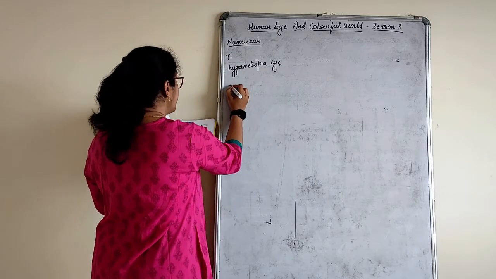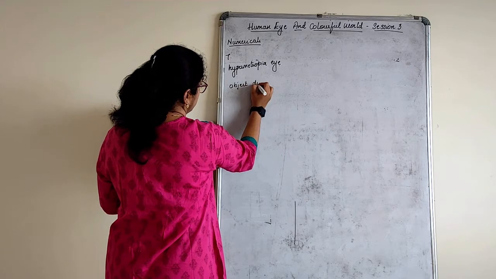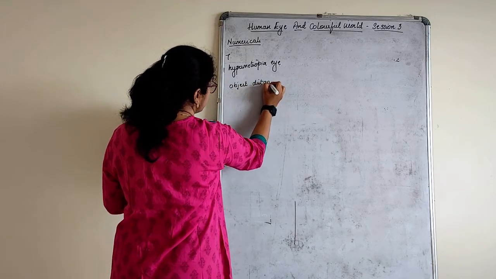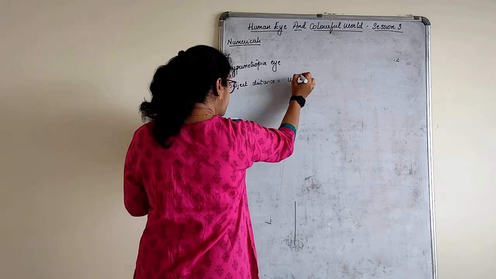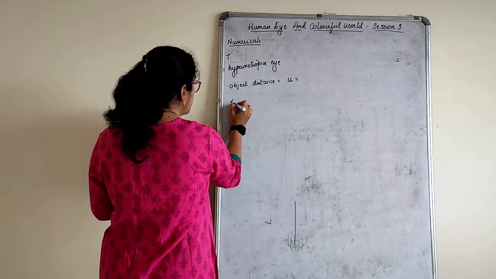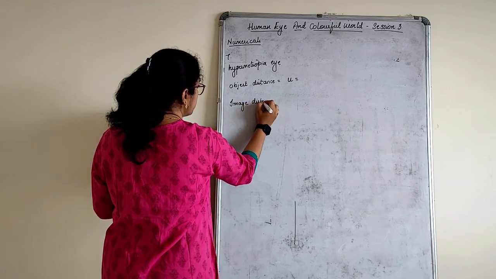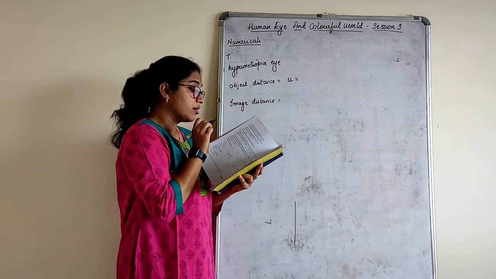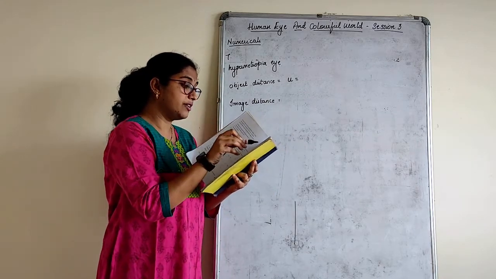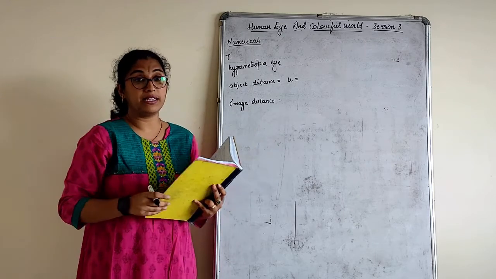That is the object distance, u. I'll write with this, image distance. I'll read the question once again.